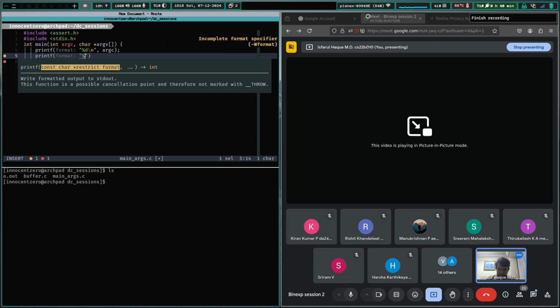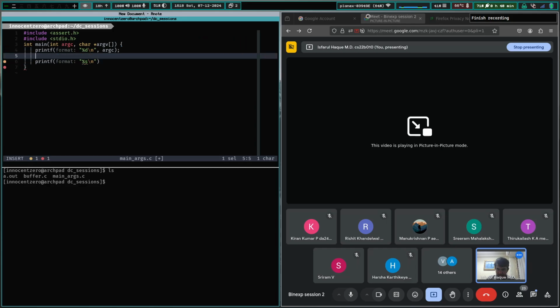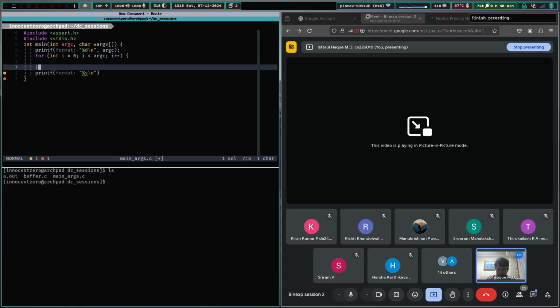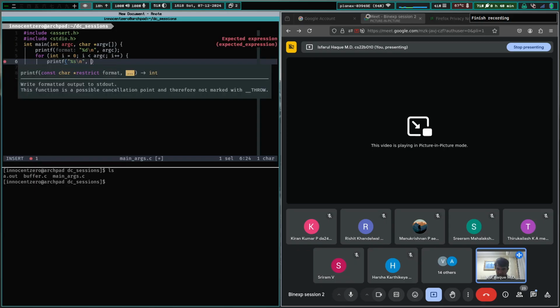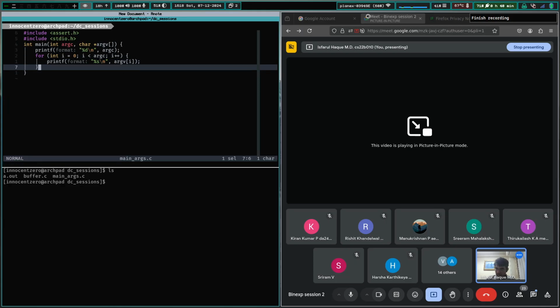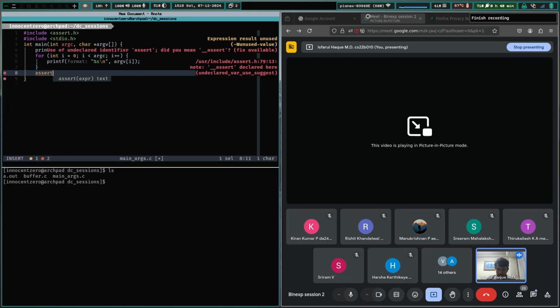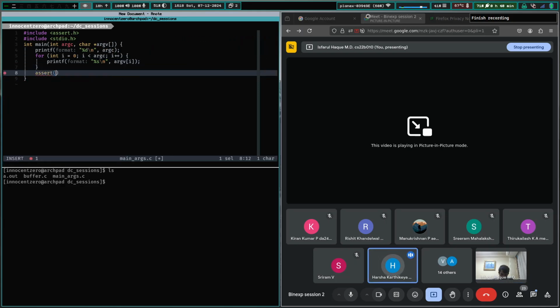Quote percent s backslash n. For int i equals 0, i less than argc, i plus plus. argv of i. Finally assert. Can't you even take i equal to argc?